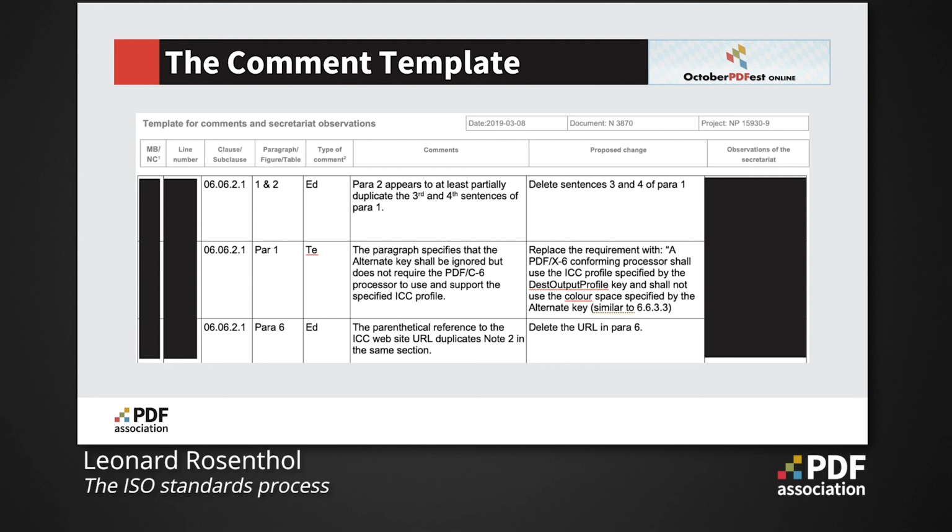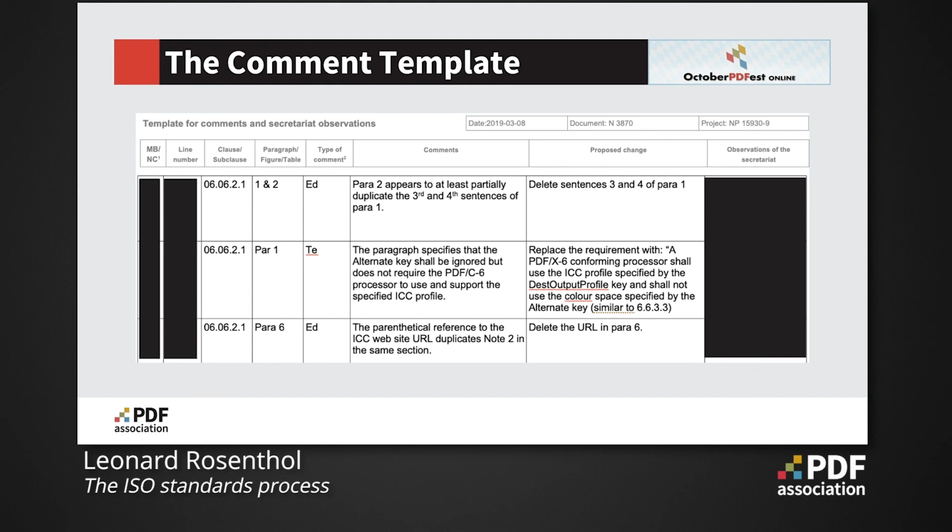What you can do is fill in individual rows, and you can add as many rows as you want based on your comments. Now, you'll see that I put black rectangles around 3 of the columns. That's because you as a subject matter expert should never, ever, ever, ever fill in those columns. Those are for other people to fill in.